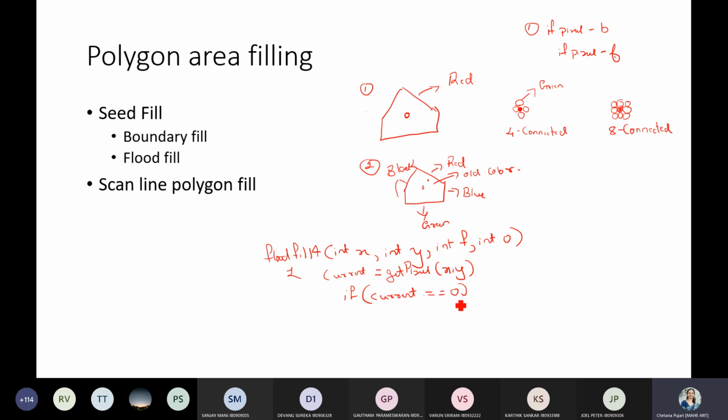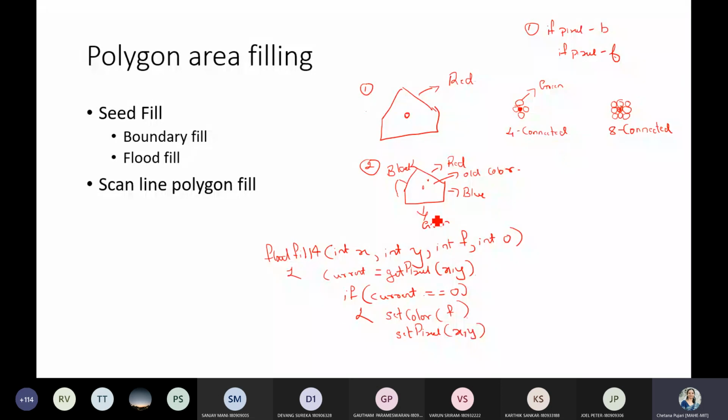If the current color is equal to the old color, which means it is inside your polygon as well, then you set it with the color of your choice, that is the fill color, at that specific pixel.